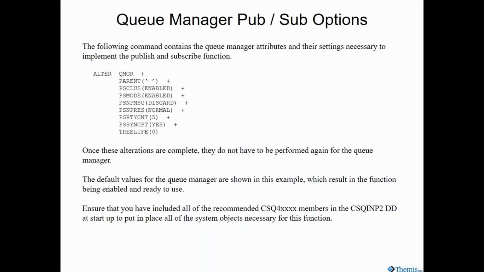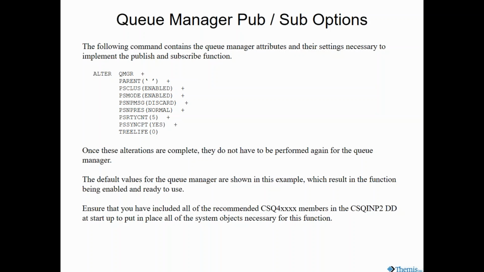Tree life basically says that if I dynamically add non-administrative topics, in other words, I don't define one as an administration-level topic, how long will they exist when the number of subscribers reaches 0? The tree life is 0 by default, so they never go away.